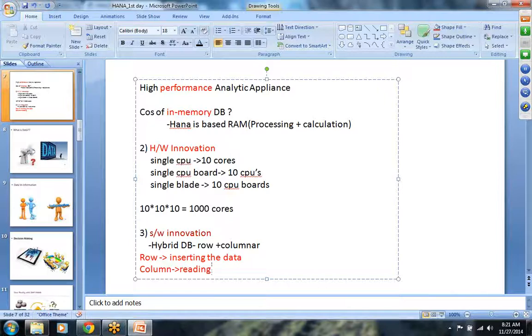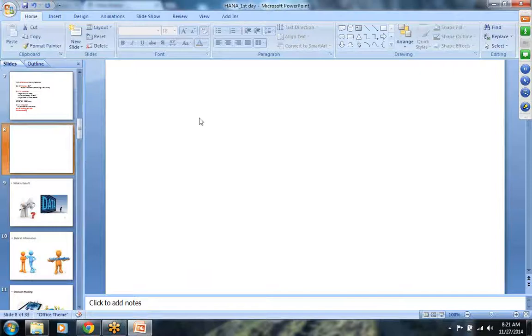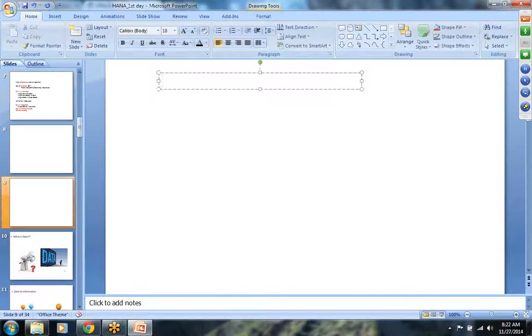What happens in our traditional database system? We know in our traditional database system, we have presentation layer, and then we have application layer, and then we have database layer.